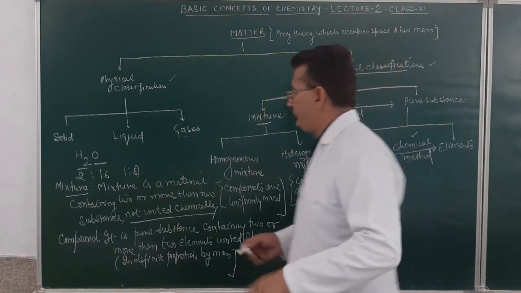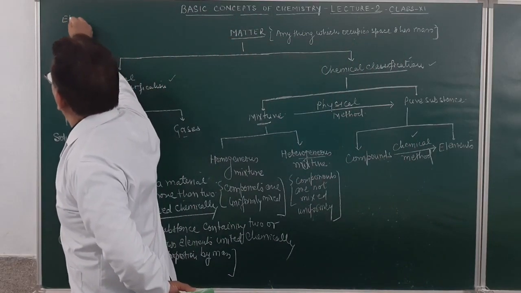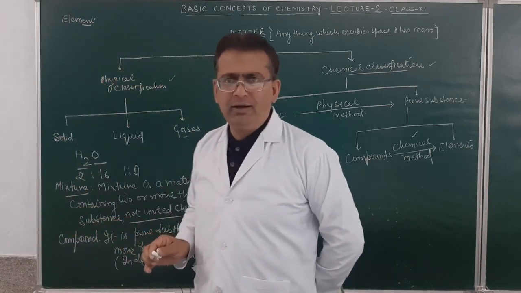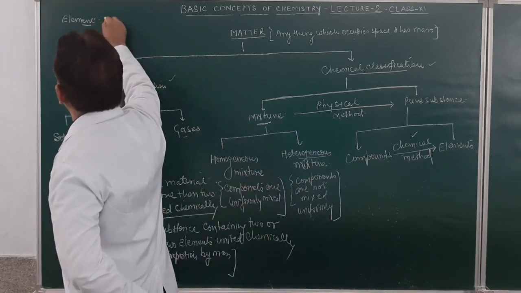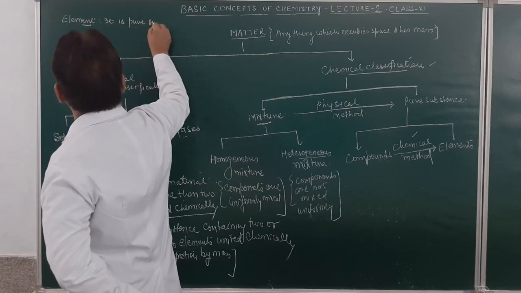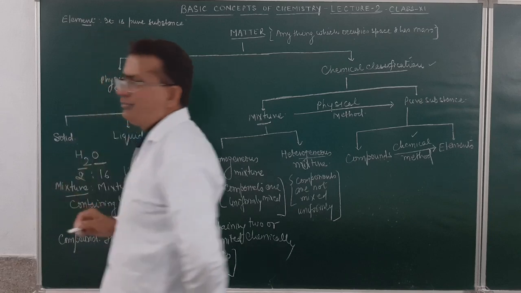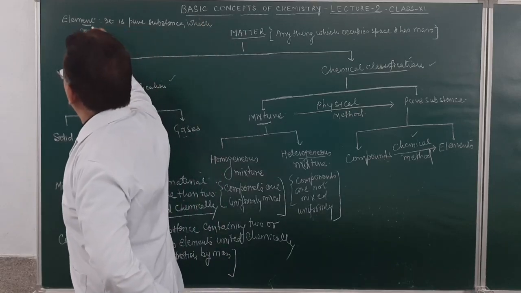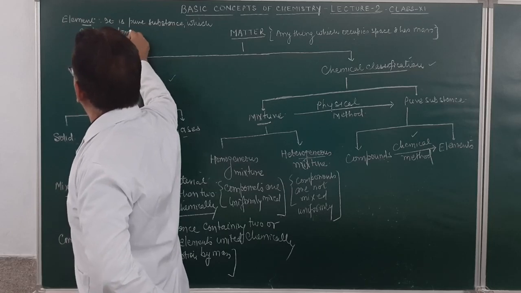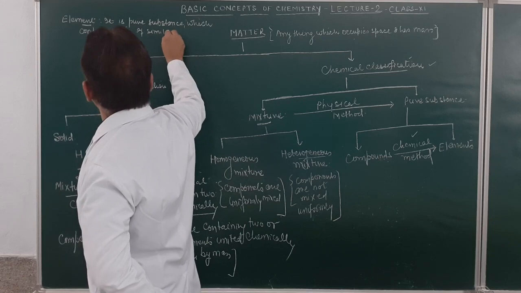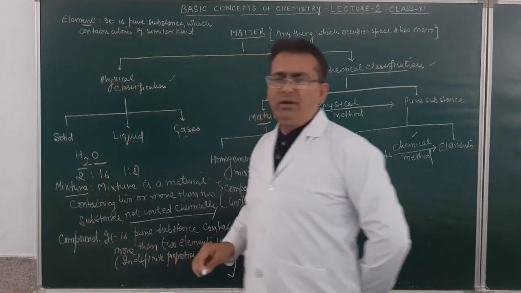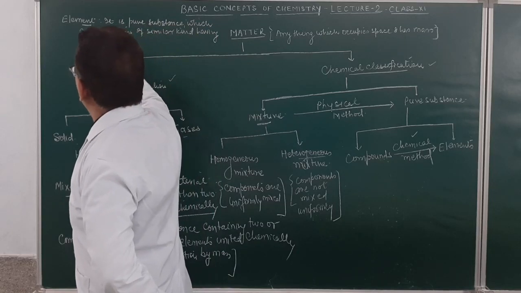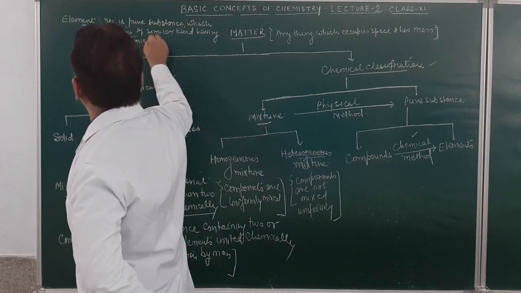So if I write down the definition of element over here: what is an element? An element is a pure substance which contains atoms of similar kind having the same atomic number.